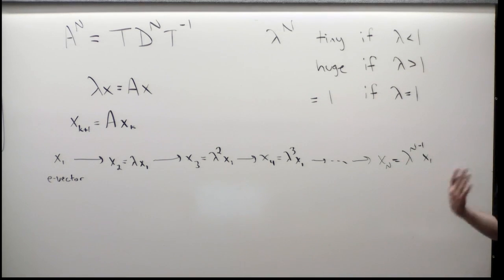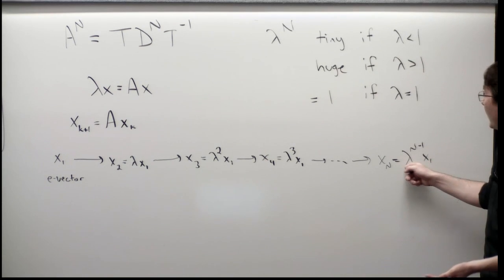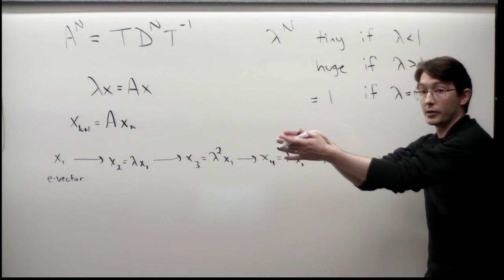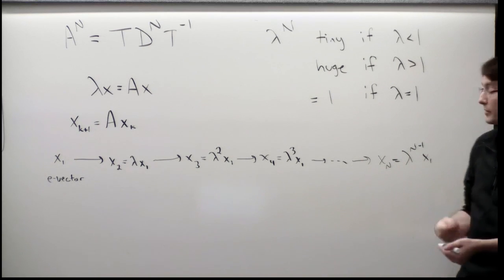So basically, if I start in an eigenvector direction, x1, and my eigenvalue is less than 1, then x is going to converge to 0, because lambda to the big number is really small, right?